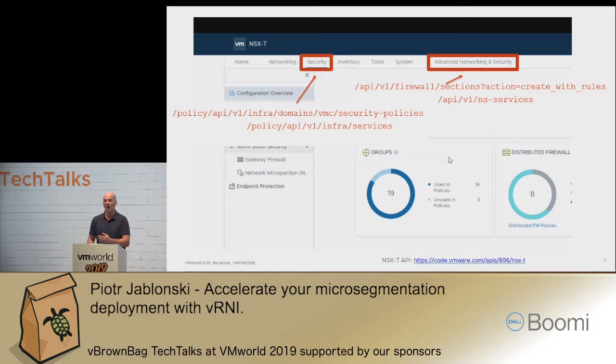I would recommend using the new policy-based firewall, but there are some caveats, because not all API calls are yet available, even as of now with NSX-T 2.5. So even with the newest NSX, not all API calls are available.